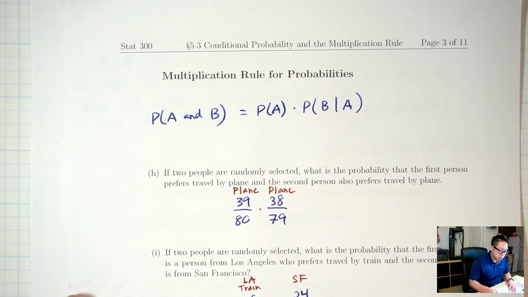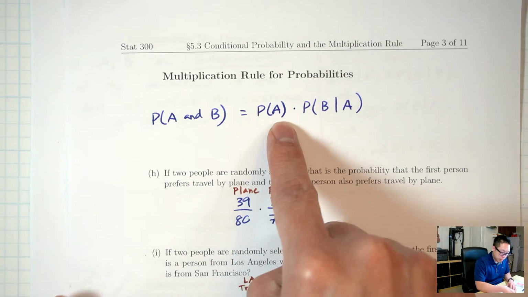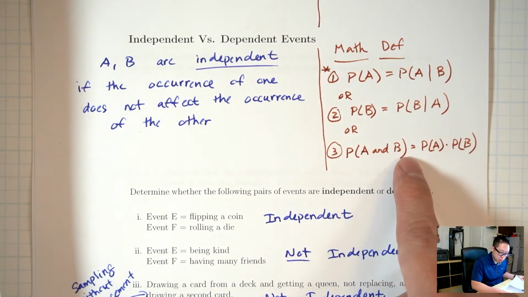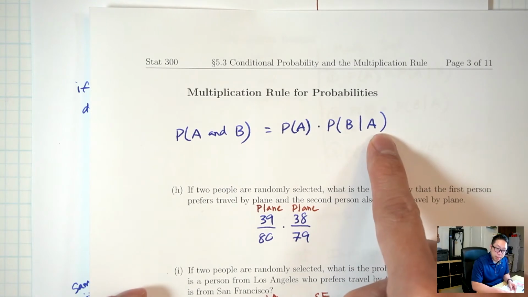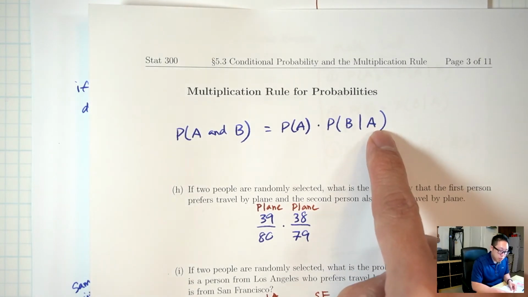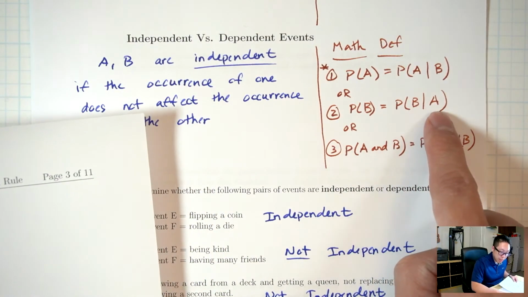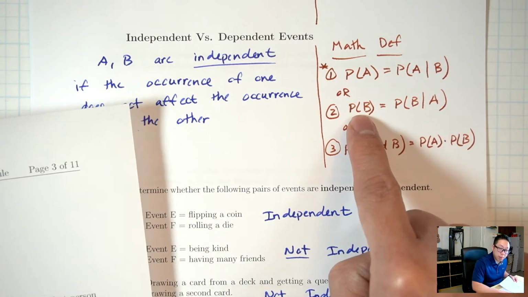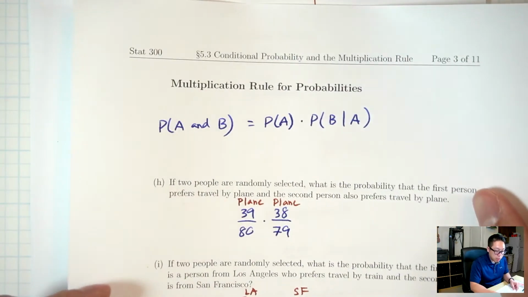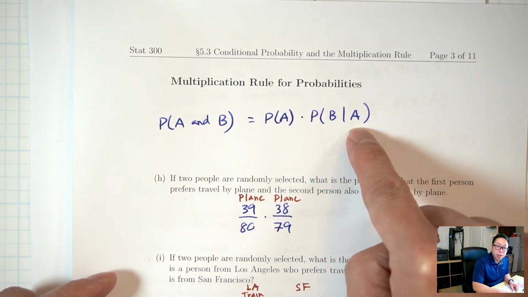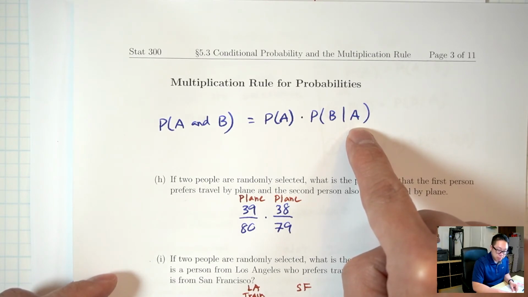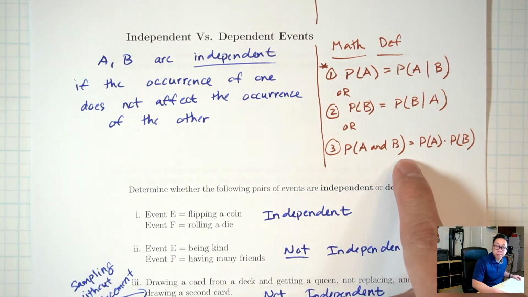So the multiplication rule says probability A and B equals probability of A times probability of B given A. Now, if I know B and A are independent, then I know the probability of B given A is the same thing as regular probability of B. So if I know that A and B are independent, I can replace probability of B given A with regular probability of B. And you'll get exactly this.